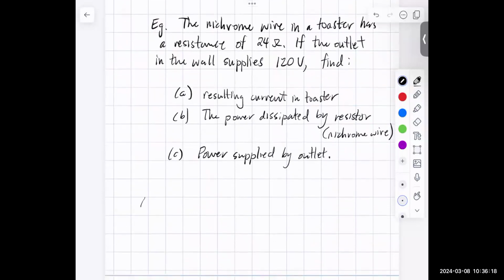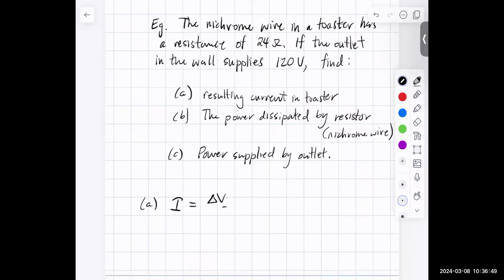Okay, so none of these questions are too challenging. How would I find the current? If I know I have 120 volts and 24 ohms, how do I find the current? You know a voltage and a resistance, how do you calculate current? What's in the numerator?